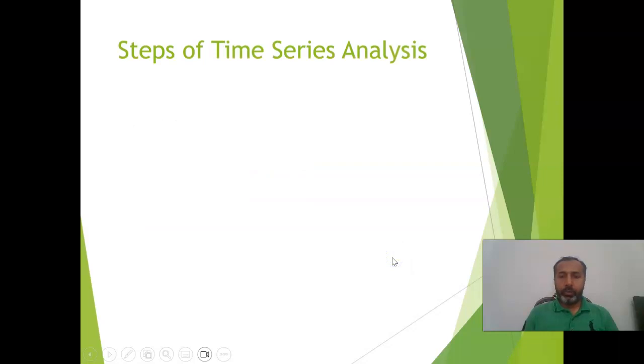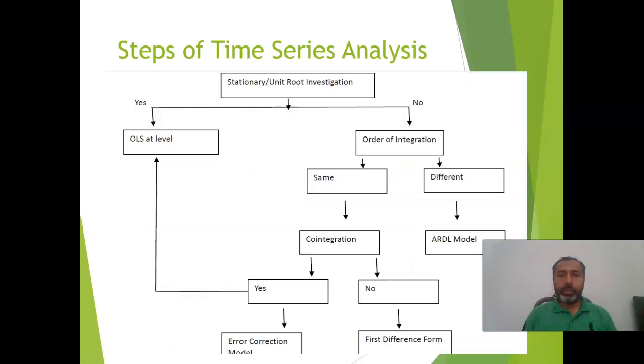Now we'll discuss the major steps of time series analysis. This is the overview of the entire time series analysis. We start with investigation of stationarity, and by application of the augmented Dickey-Fuller test and the Phillips-Perron test, we investigate whether all the variables are stationary at level or not.